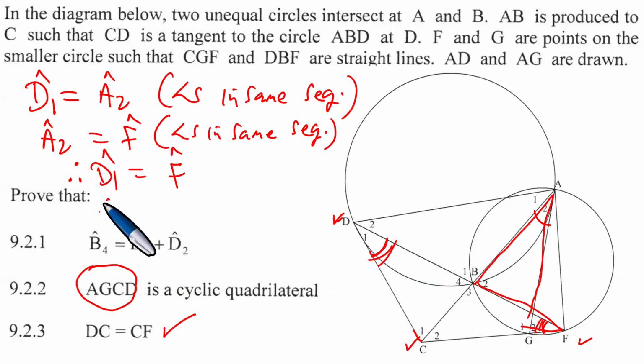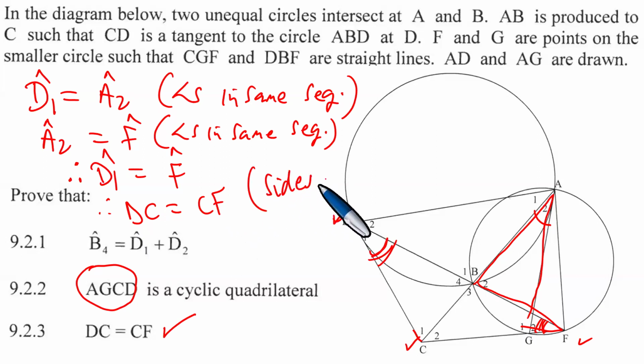And this means, therefore, that side DC is equal to CF. And these are sides opposite equal angles. So DC is equal to CF, and this is the answer.